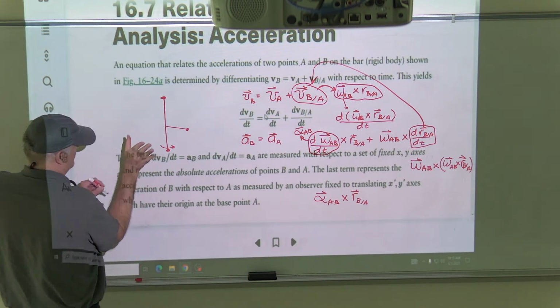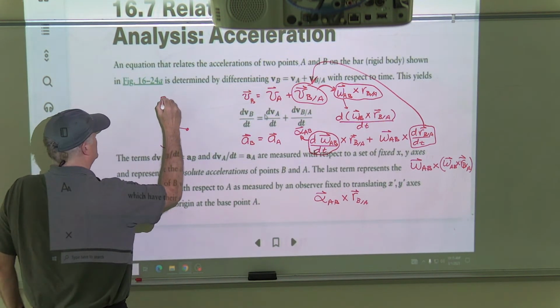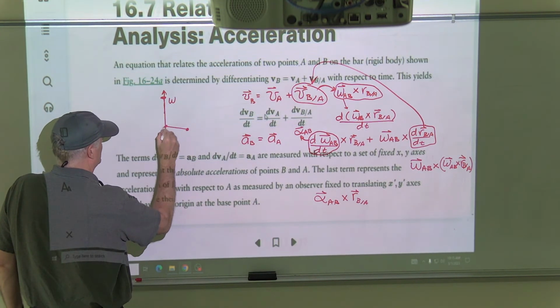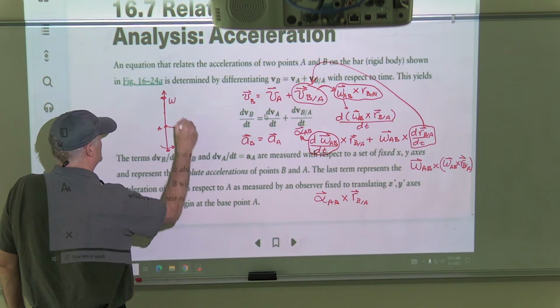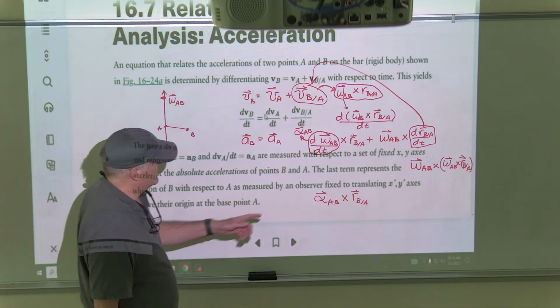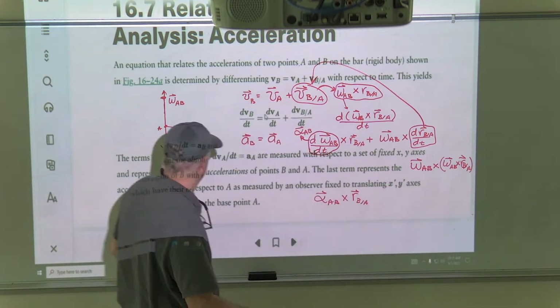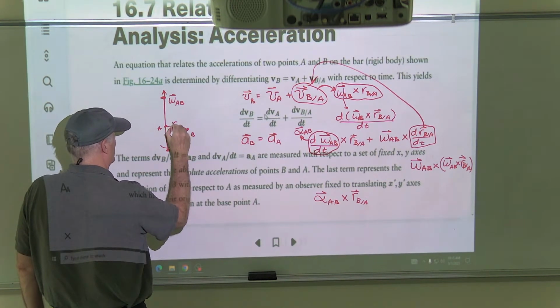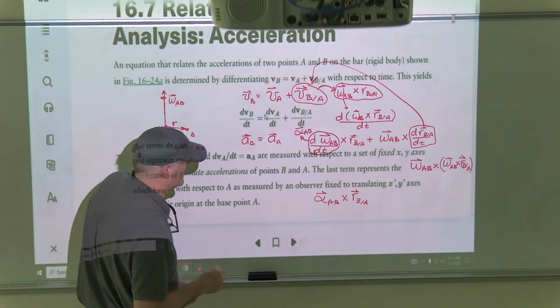Okay, so if it's spinning that way in omega, let's just call this A, this B, so omega AB looks like that. And then R looks like this term right here.